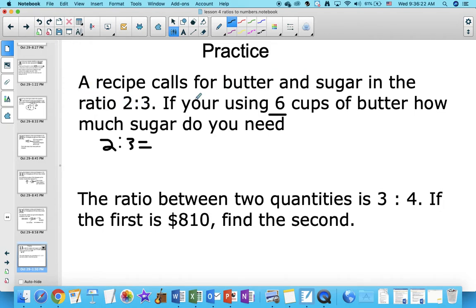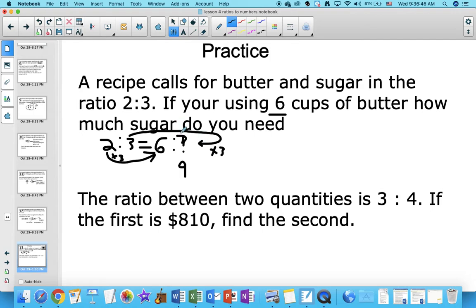So we have 6 in our second ratio and something here. Well, I turned 2 to 6. Well, that's times 3. So then I take this one and I times this one by 3 to get 9. So I need 9 cups of sugar.